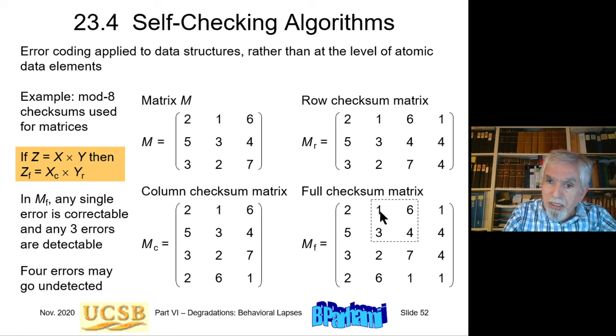For 3, if 1, 6, and 3 are erroneous, this checksum may be correct, this checksum may be correct, this checksum is violated, and this checksum is violated. So you would think that it is this element that is in error. So you would erroneously try to correct that, even though these 3 are erroneous. So 3 errors are not detectable. So this is a 1 correctable, 2 detectable data structure.